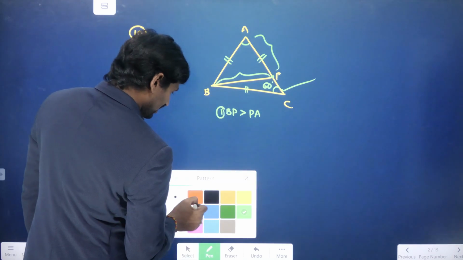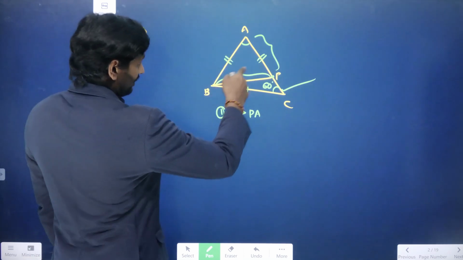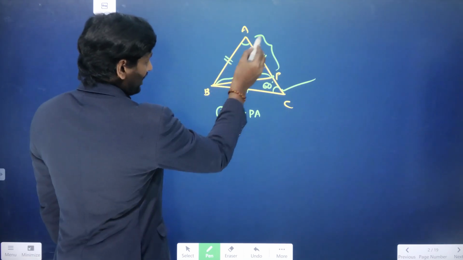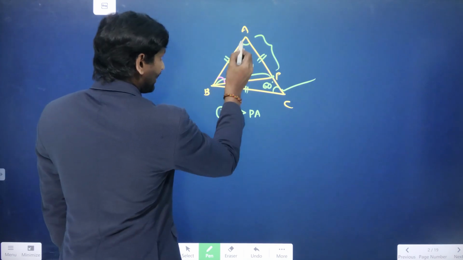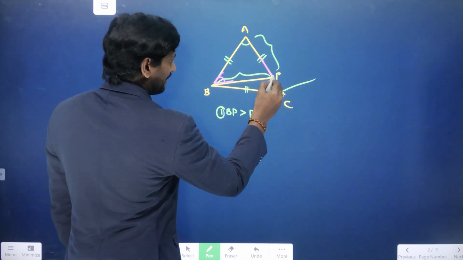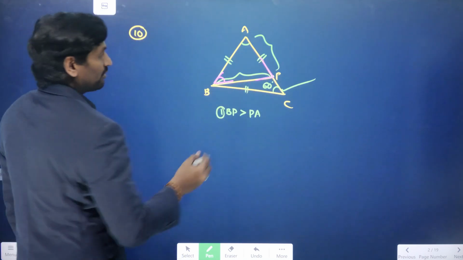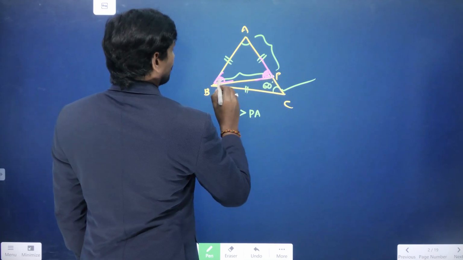Yeah, if you take this one, now look at that. If you take the triangle ABP, AB and BP are equal, two sides are equal, then angle ABP and angle APB are both equal angles because of the isosceles triangle. These two angles are equal.